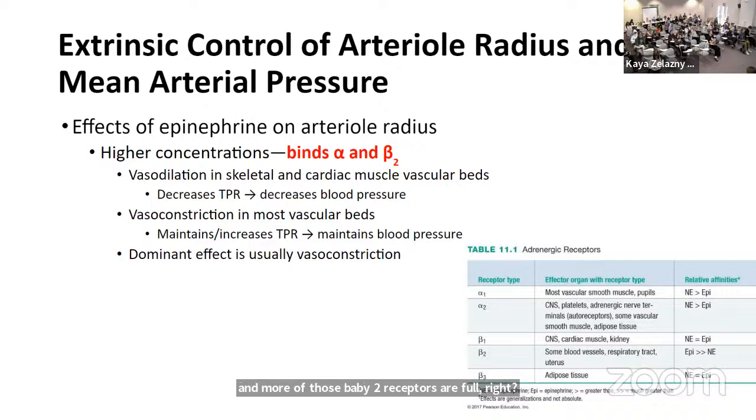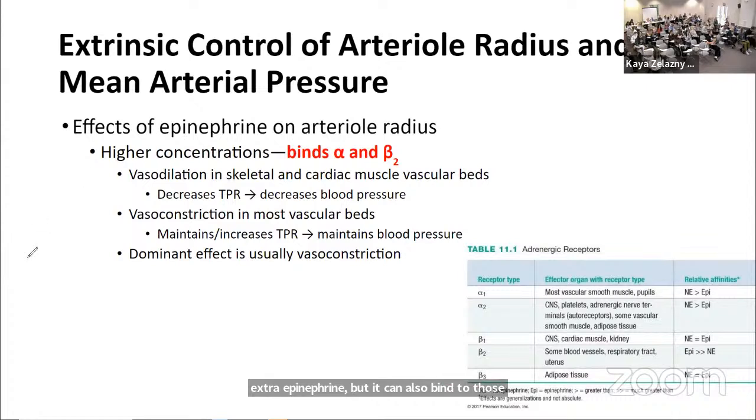And in general, we have more epinephrine flowing around our body. So at these higher concentrations, we've got enough extra epinephrine that it can also bind to those alpha receptors, right? So they don't hate epinephrine. They just don't like it as much as they like norepinephrine.